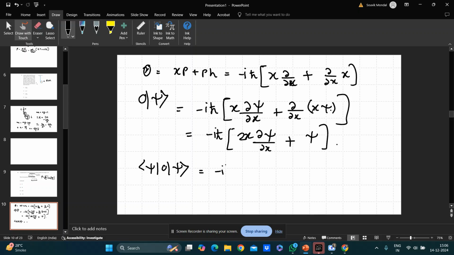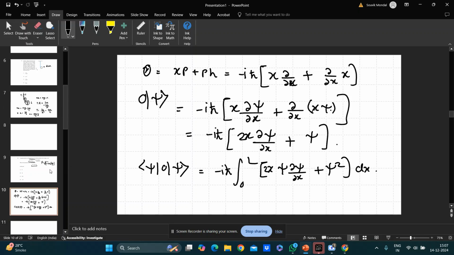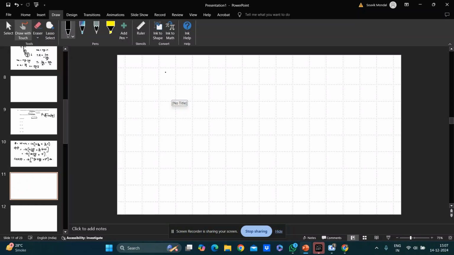We will simply have integration 0 to L of 2x phi del phi del x plus phi square dx. Now what is 2x phi del phi del x plus phi square?